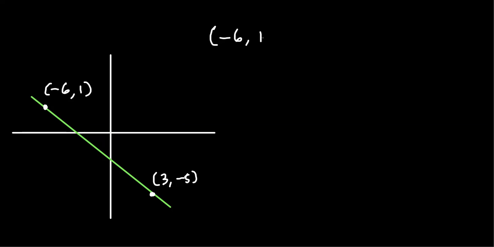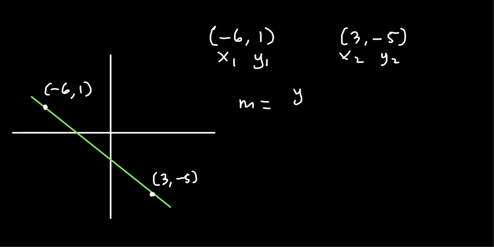So we start by labeling the points. So let's just call this one x1, y1, and this one's x2, y2. And then the gradient formula is y2 minus y1 over x2 minus x1.